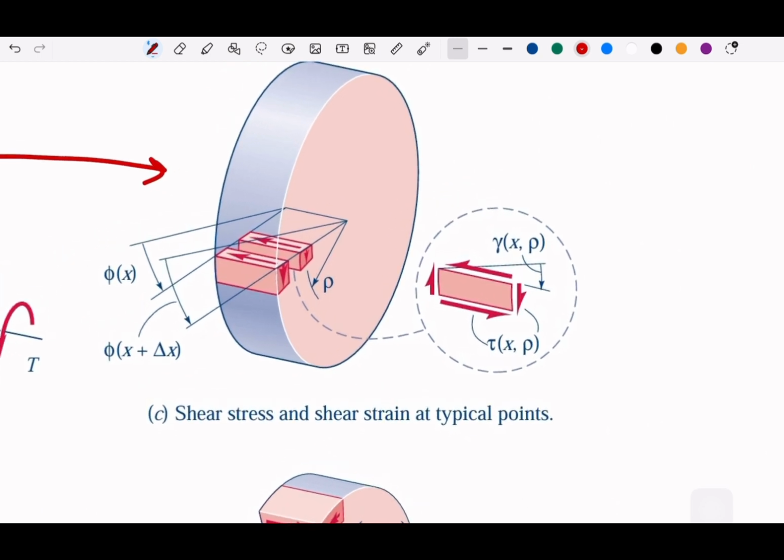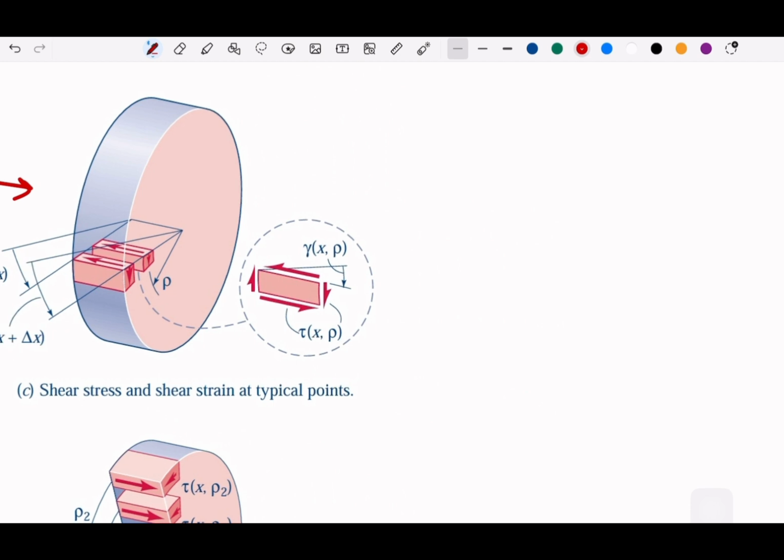If you remember, we have typical stress-strain formulations. If we look at the shear stress and strain, there will be another distribution.